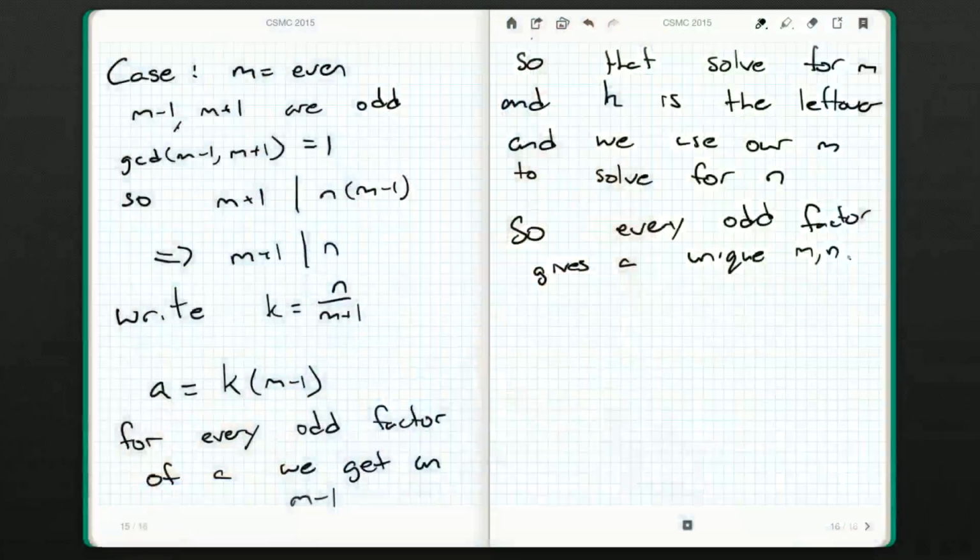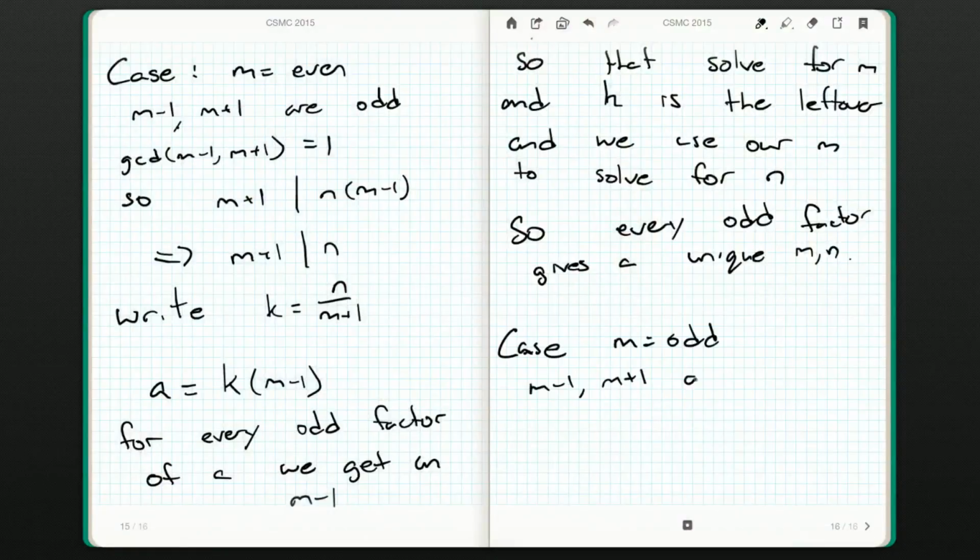All right? Each one gives us a brand new pair m, n. So now what happens if we look at m minus 1 being even? So m is odd, so this is our other case here. So m is odd, that means m minus 1, m plus 1 are even.